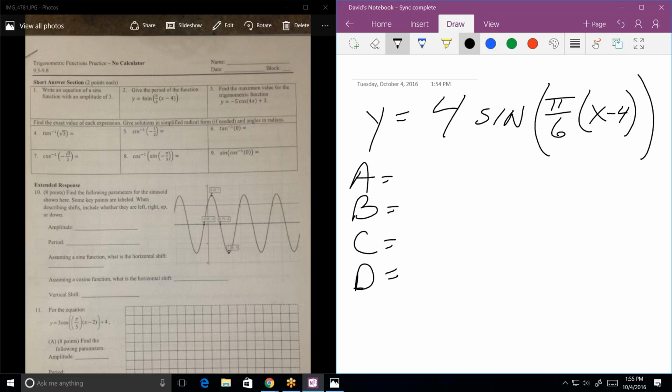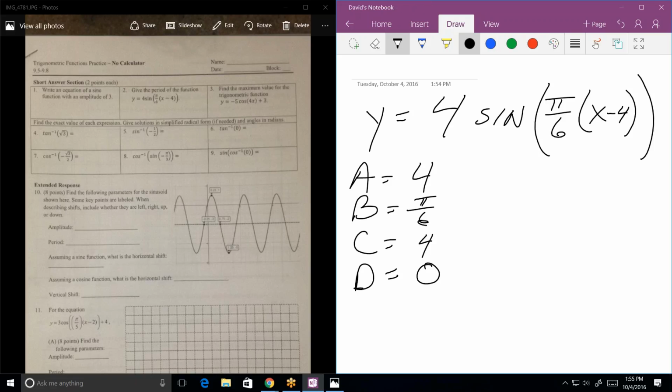A is 4. B is pi over 6. C is -4. No, C is actually positive 4 because it's x minus C that is the standard. And D is 0. Okay.